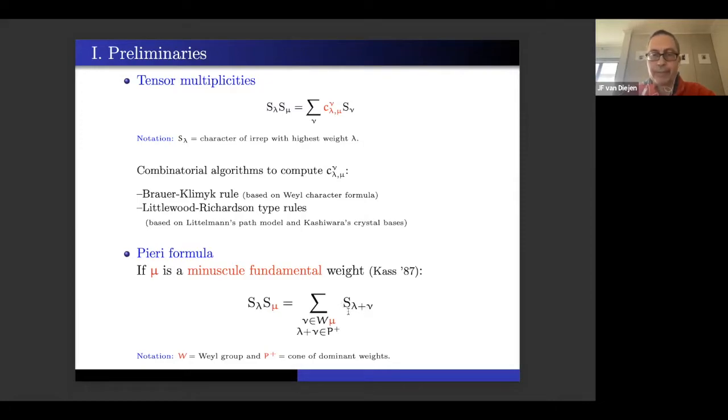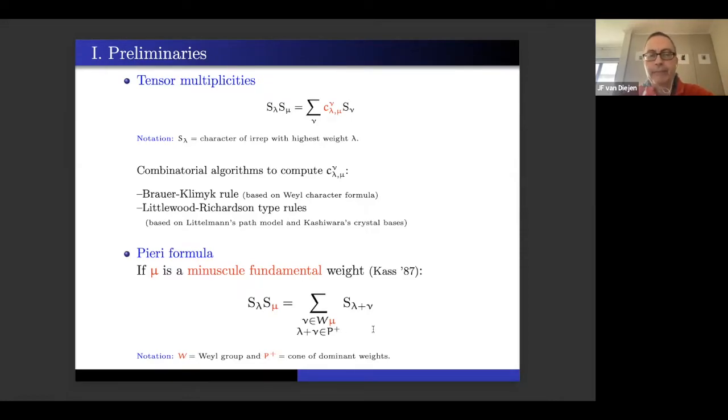It basically translates the general representation over some weights in the orbit of the minuscule fundamental weight, in such a way that you stay within the dominant cone. So here is the notation that was missing: W is the Weyl group, and P plus is the cone of dominant weights.